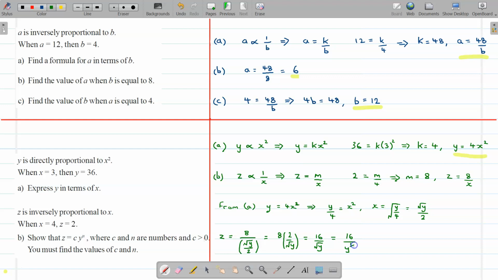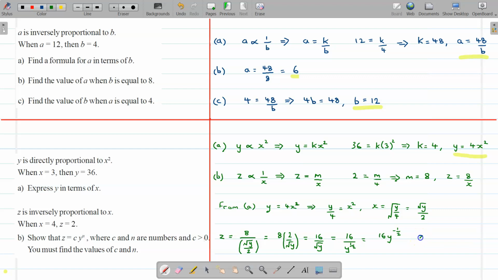And that is equal to 16y to the power of negative a half. So that's using the laws of indices and powers. So there we have it, z equals 16y to the minus a half.